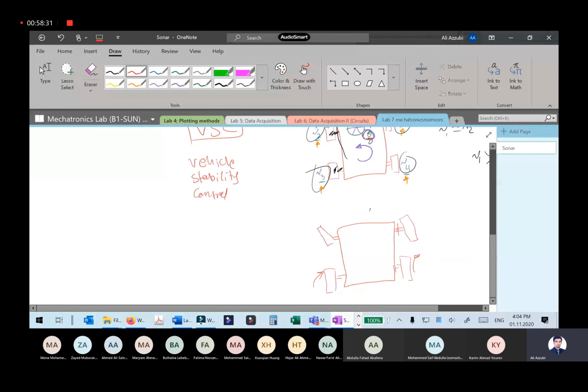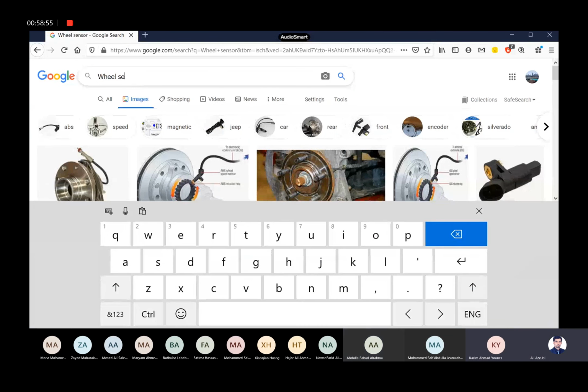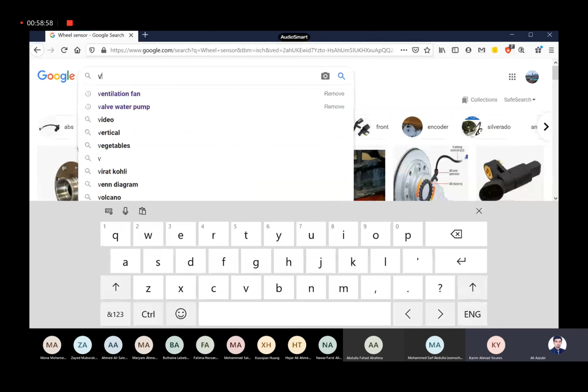You are steering this way. If you apply very high torque, what's going to happen? Simply your car will start drifting. Right? Yes, makes sense.